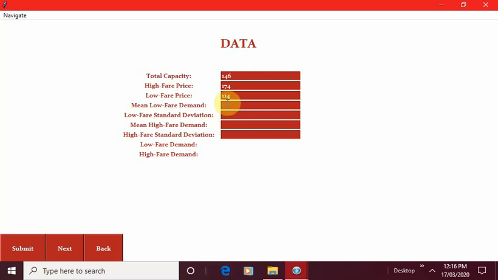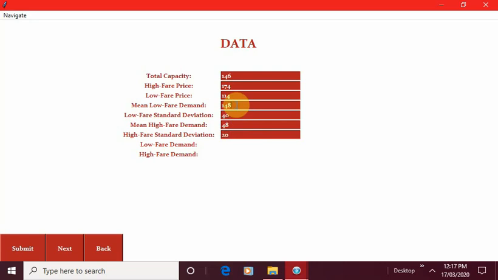So let's assume the mean low fare demand is 148, the standard deviation is 40. For high fare, the demand is 48, and the high fare standard deviation is 20.